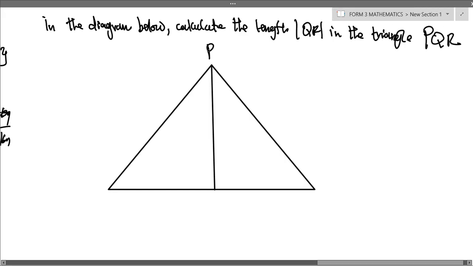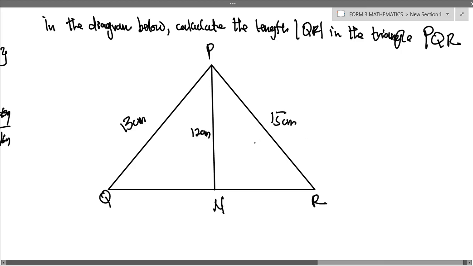So we have P, we have Q, we have R, then we have N. We have here to be 13 centimeters, we have here to be 12 centimeters, and we have here to be 15 centimeters. Now watch how I'm going to solve this.